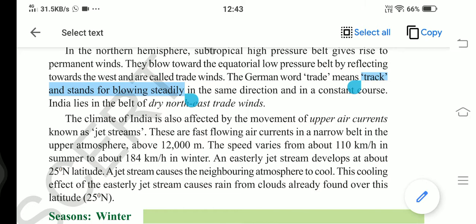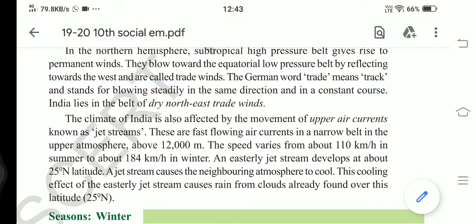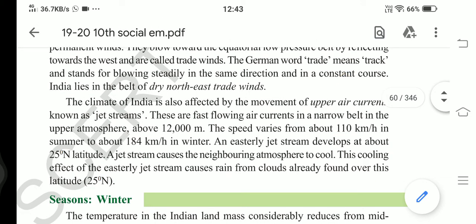So those trade winds blow from the subtropical high pressure belt to the equatorial low pressure belt. Our India is situated in the northeast trade winds belt, dry northeast trade winds. In that belt, our India is located.